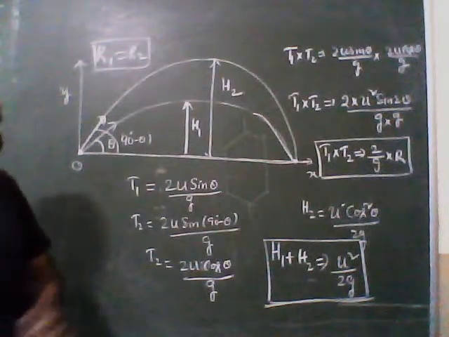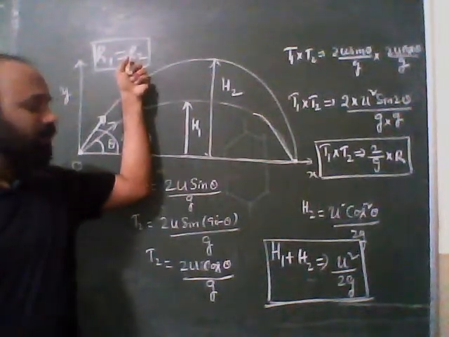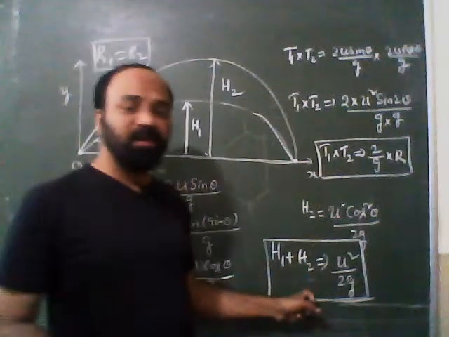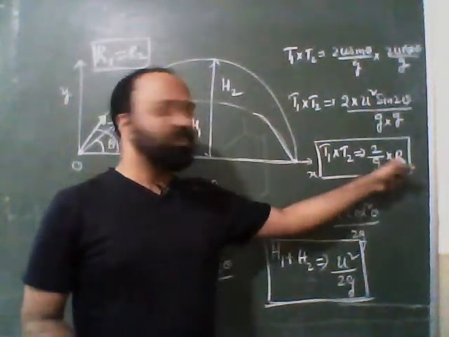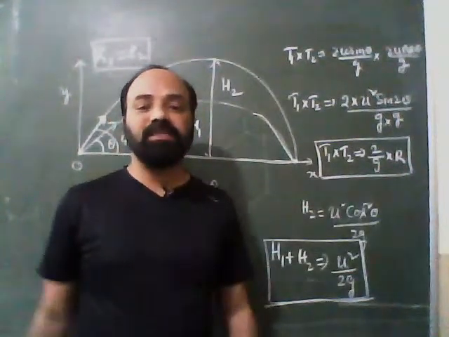So we got three relations. If they ask ranges, R1 equals R2. Heights: the sum of the heights equals u square by 2g. Product of the times equals 2 times range by g, 2R by g.